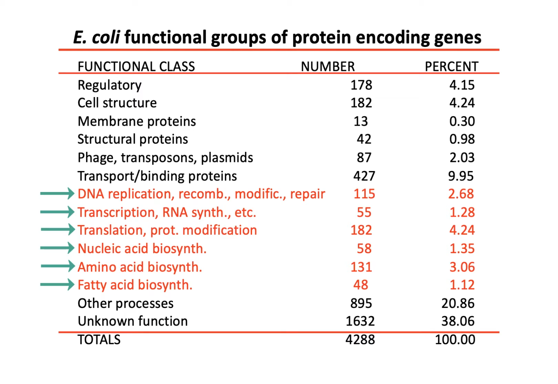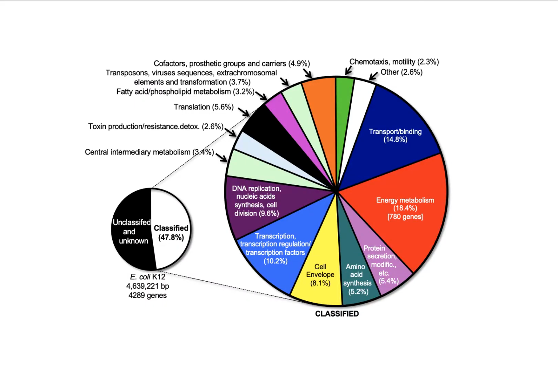Here's a pie chart showing the different functional groups of genes within the genome of E. coli. Down on the lower left, you can see in this particular analysis, about 50% were classified and 50% were unclassified. The largest category is in energy metabolism.